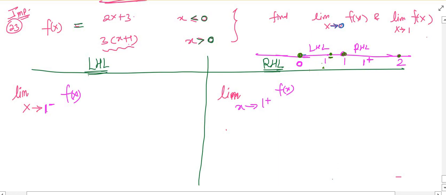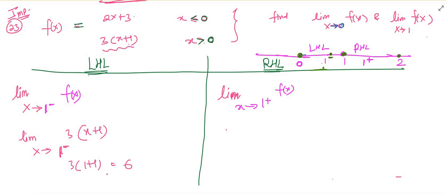It is still more than 0. So more than 0 means we will take this one. Okay? So limit x is tending to 1 minus of 3 times x plus 1. Now x is approaching 1 only, so just put 1 and check. So 3 times 1 plus 1, 3 twos are 6. This value is 6.